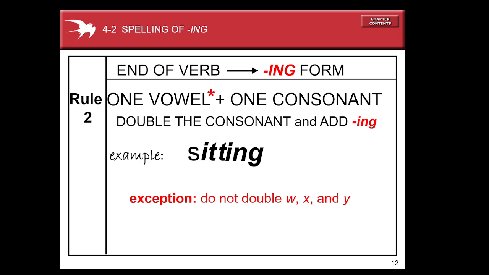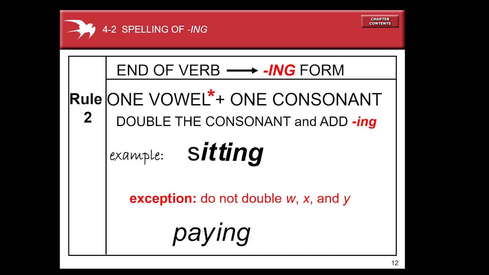All right, let's see another example. What is the exception of this rule? Do not double when the verb ends in the letters W, X, and Y. For example, pay. We cannot duplicate the last letter, in this case the letter Y. Payying, no, that's not correct.